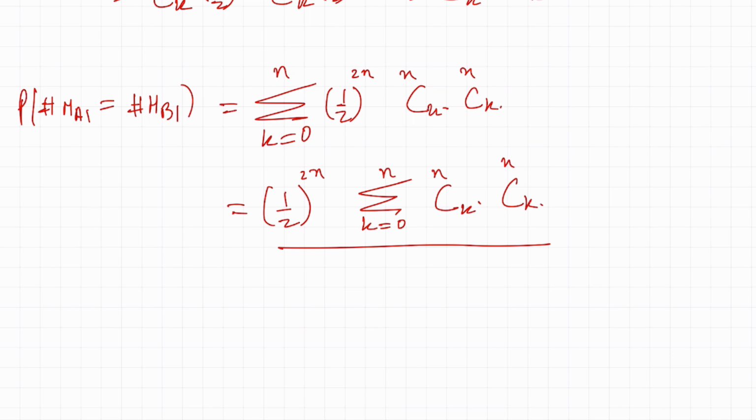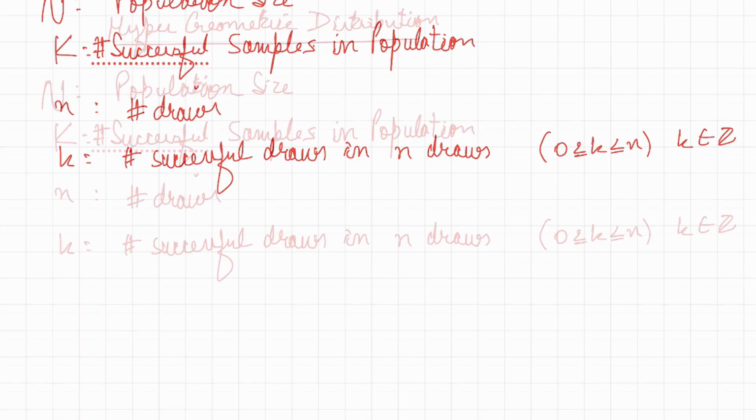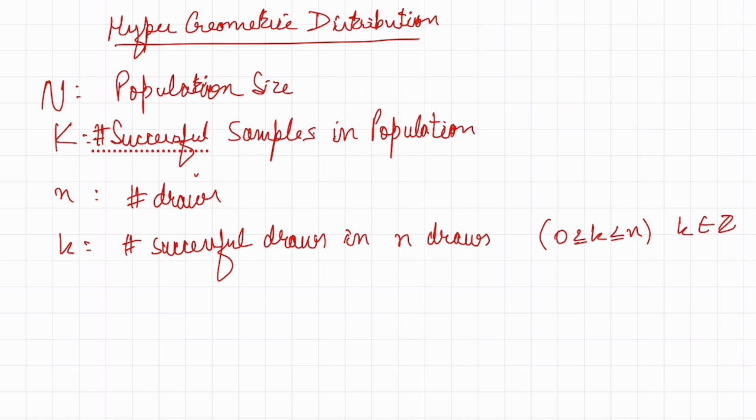So here we leverage something called the hypergeometric distribution normalization, and I'm going to take you quickly into this world to simplify and compute this answer further. So what is a hypergeometric distribution? Let's say you have a population of size capital N, and out of this population you have capital K successful samples.